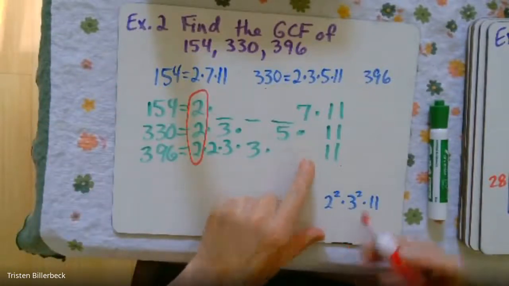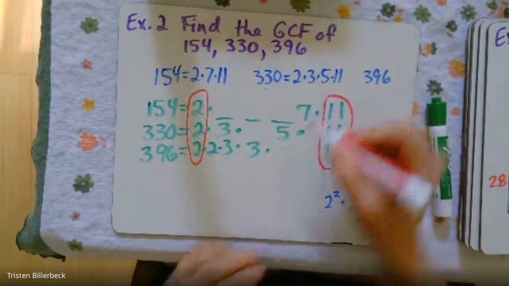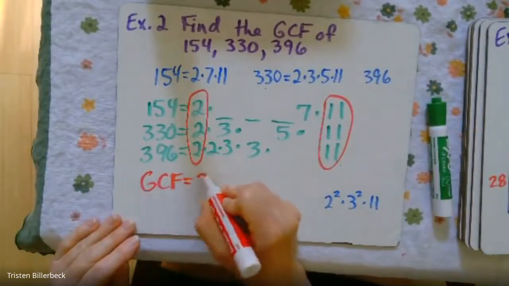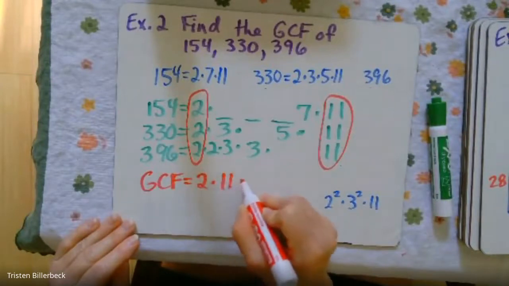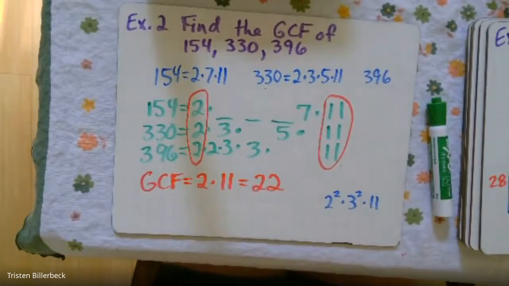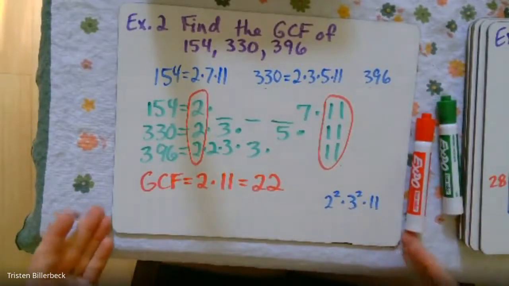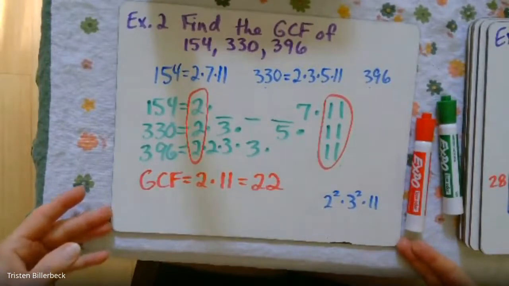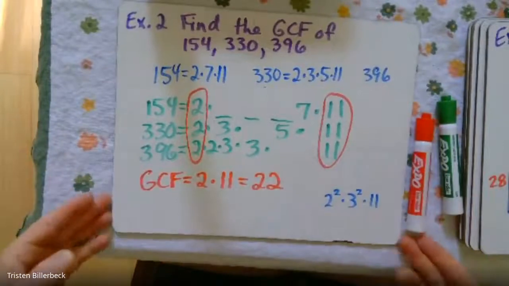They all don't have 7's, but they all have 11's. So our greatest common factor is going to be 2 times 11, which is 22. So that's how you find a greatest common factor with prime factorization in exponential notation or just expanding.